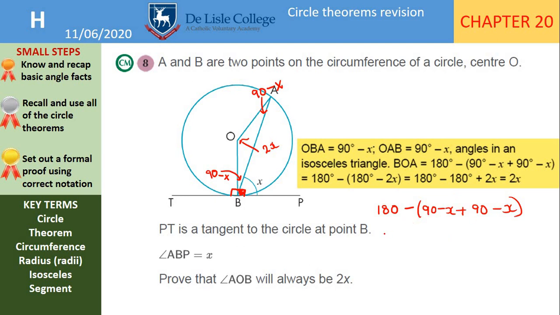So if you multiply out this bracket, then you get 180 subtract 90, then you're taking away a negative, so this will be add x subtract 90, and then negative 1 times negative x would give you a plus x again. So if we tidy this up, 180 subtract 90, subtract 90, 0, and x plus x leaves us with the 2x that was required.